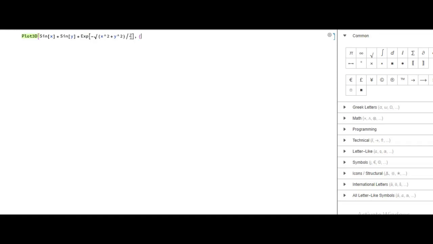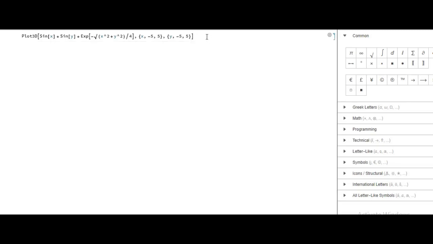Then x from minus 5 to 5. Again we copy and write the same thing for y, bracket close. So it's sine x, sine y, exponential of minus x square plus y square by 4, and then x varies from minus 5 to plus 5, and y also from minus 5 to plus 5.